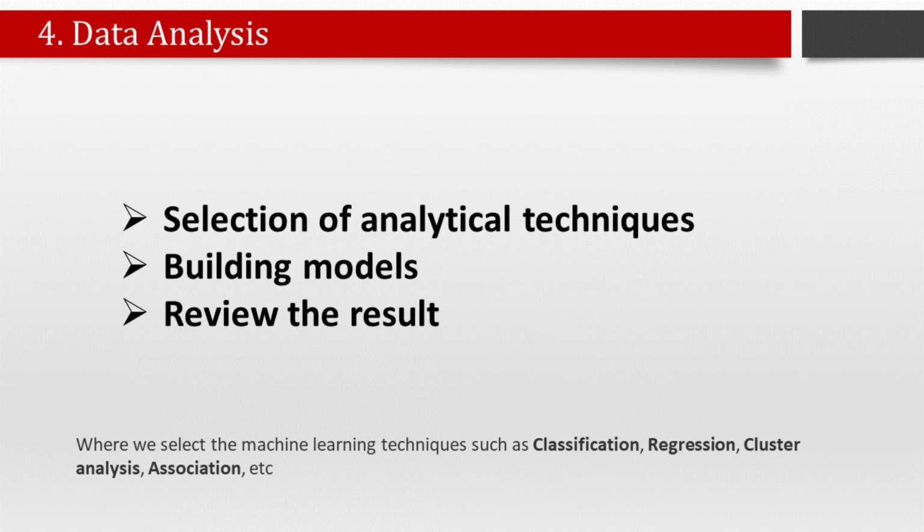It starts with the determination of the type of problem, where we select the machine learning techniques such as classification, regression, cluster analysis, association, etc. Then we build the model using prepared data and evaluate the model. Hence, in this step, we take the data and use machine learning algorithms to build the model.